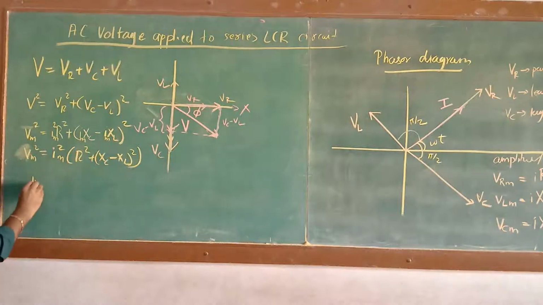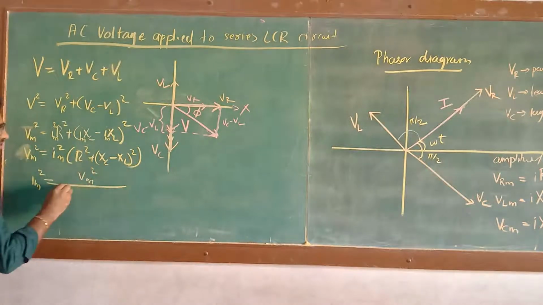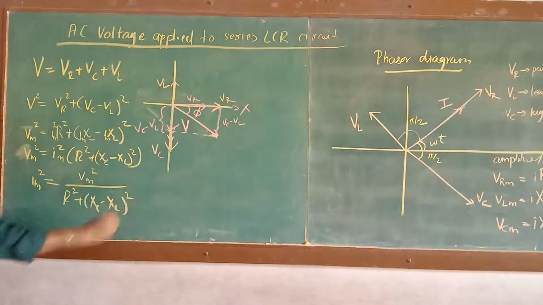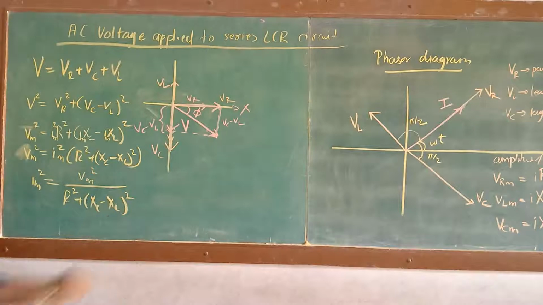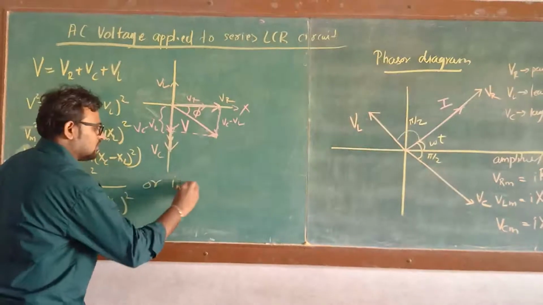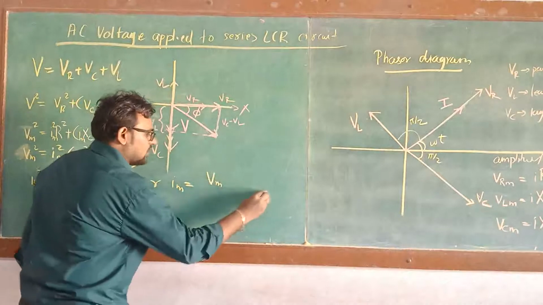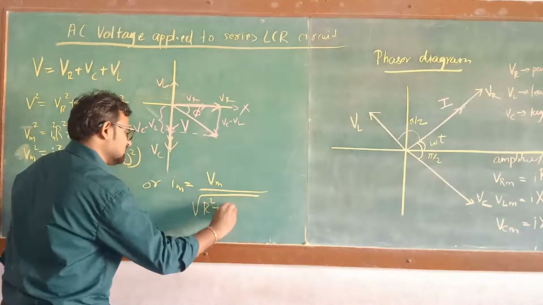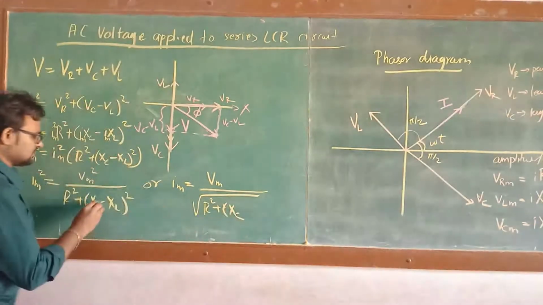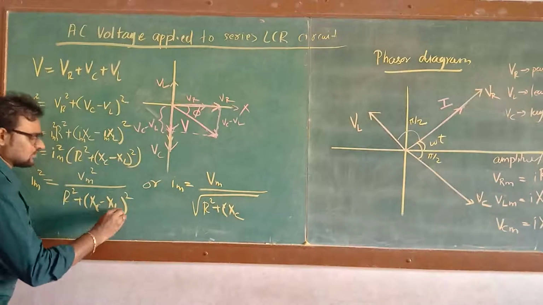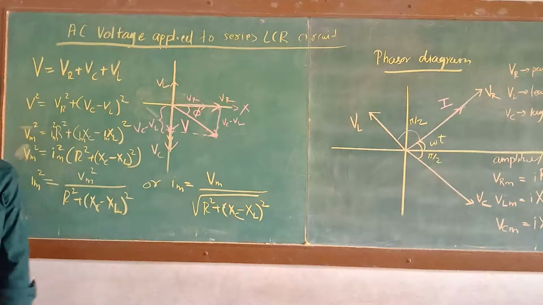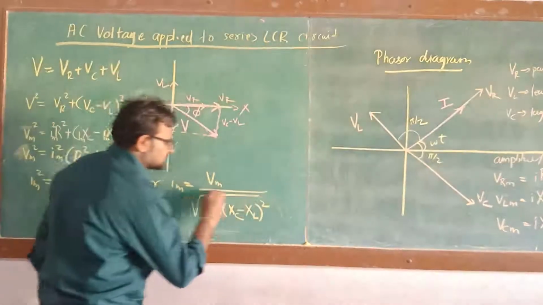So Im square will be equal to Vm square upon R square plus XC minus XL square, or Im equals Vm upon under root of R square plus XC minus XL square. This is called Z.